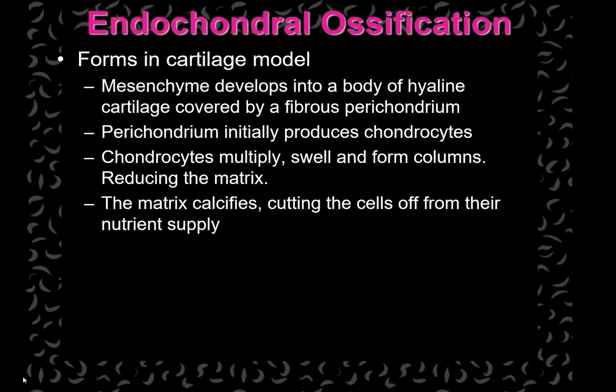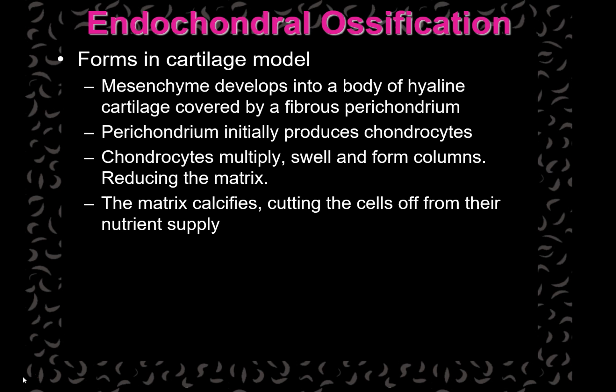So now we had a single file line of chondrocytes, and they died. Now we're going to basically have almost a little tunnel through the bone that was taken up by cells. Now the cells are gone. Now it's empty. If we have enough of those, that's going to destabilize this cartilage structure. It's kind of like having a block of cheese.